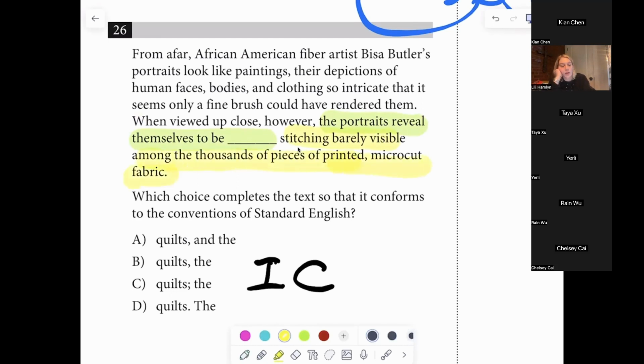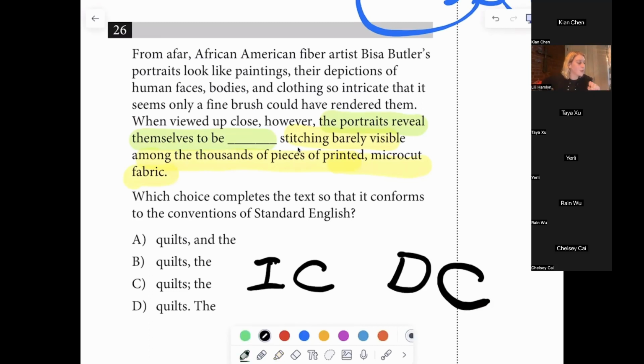Is that dependent? So if it said the stitching is barely visible, that would be independent. But the stitching barely visible is a dependent clause. So what do we separate an independent clause and a dependent clause with? Yeah, perfect. Exactly. With a comma. So here the answer is B.